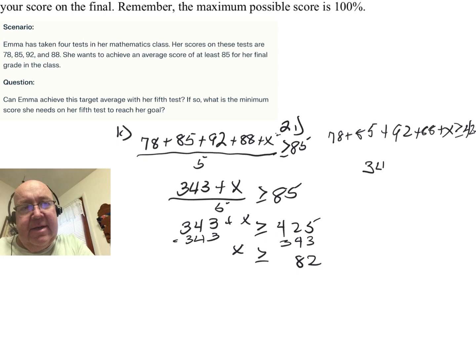I take that step out. 343 plus x is greater than or equal to 425, and subtract the 343, and I'm going to get x is greater than or equal to 82 once again. You can use pretty much the same format to calculate the problems that you'll have on the performance task.